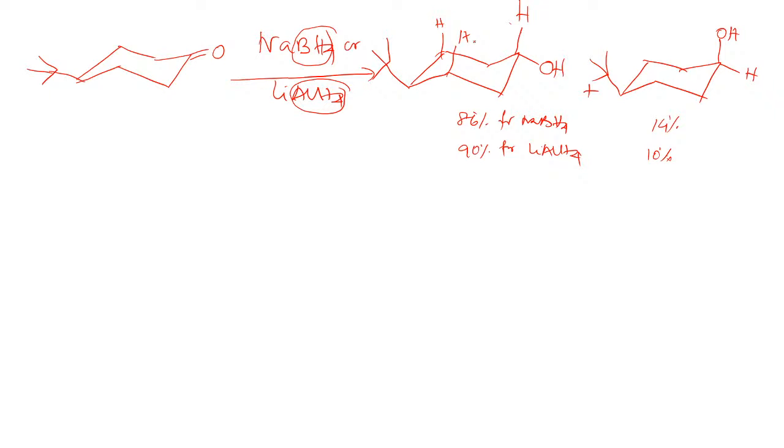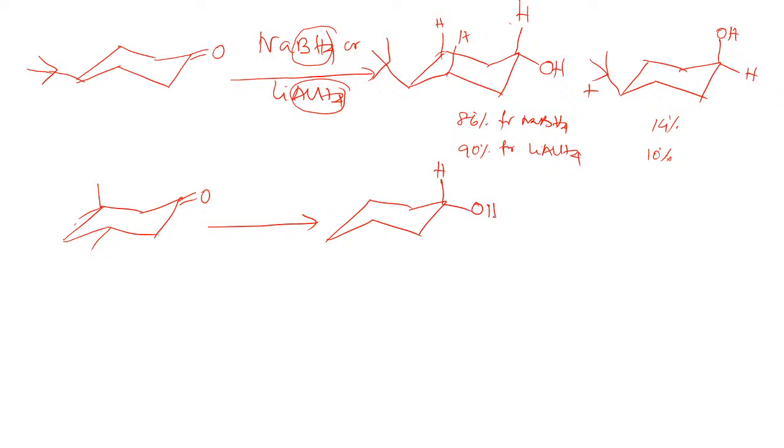So here you get the axial addition product as major, and this control changes if we now put a methyl substituent at this position, then you don't get the desired selectivity. Like this one, I think I already showed it in the PPT class. So in this case you get only 48%.